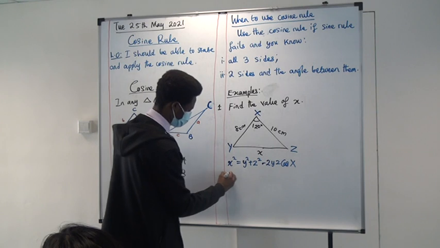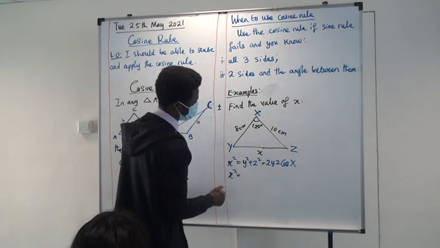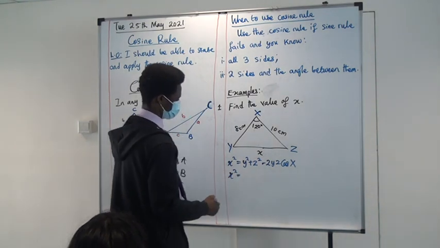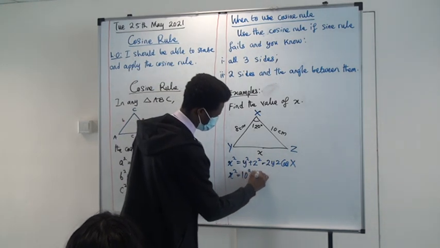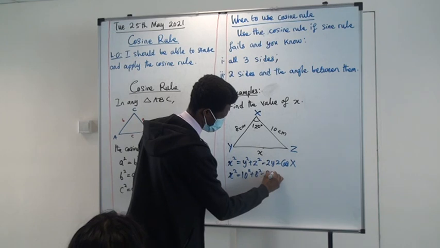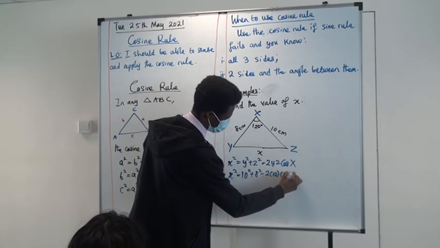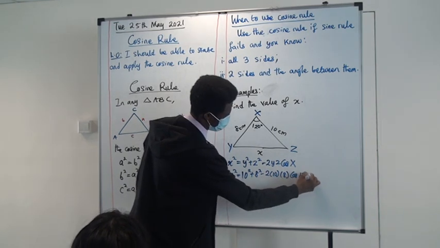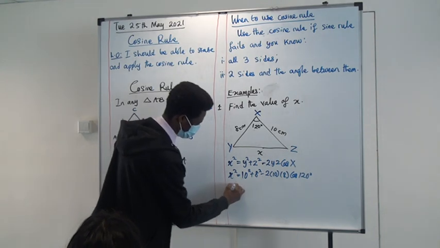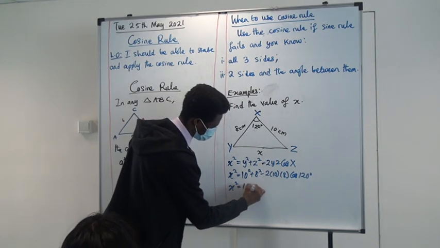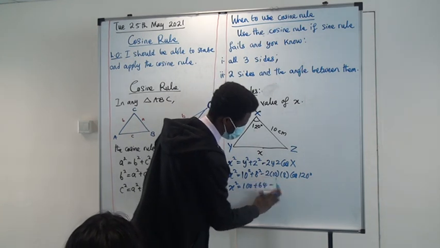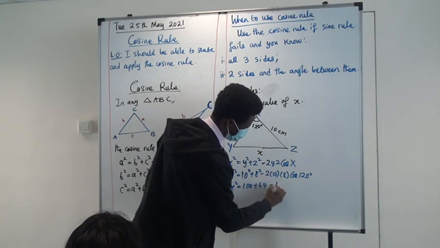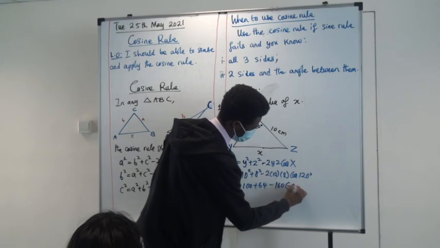So x is unknown. Substitute. Yes. 10 squared plus 8 squared minus 2 times 8 times 10 cosine 120. So I'm sure the calculator can help you know this is 100, this is 64, this is going to be 160, and this is going to be negative 0.5.